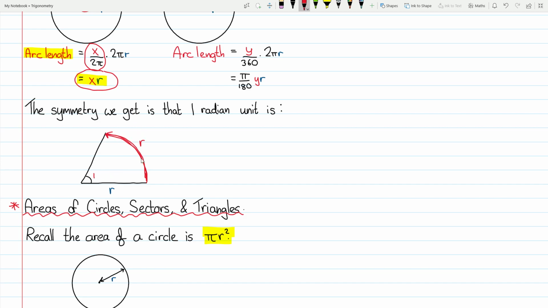If you were some person positioned here, watching someone else walk around you, the length which they walked, in terms of our unit, which is the radius, is 1 radian.